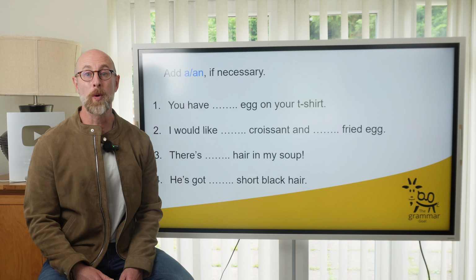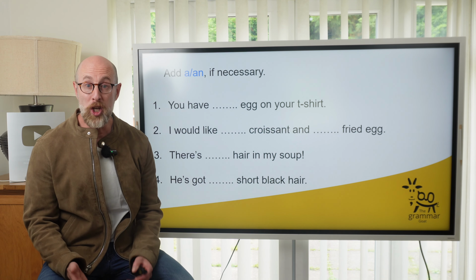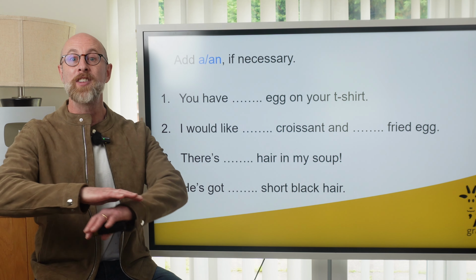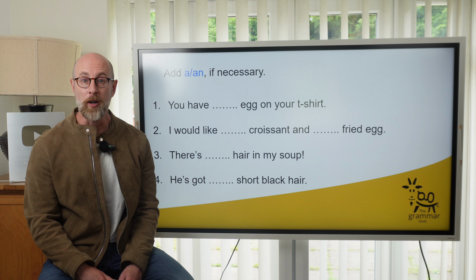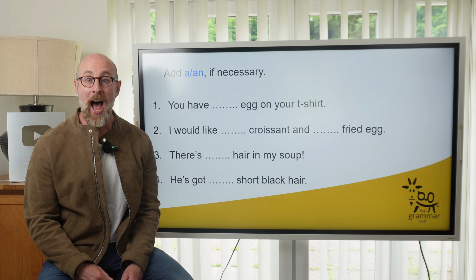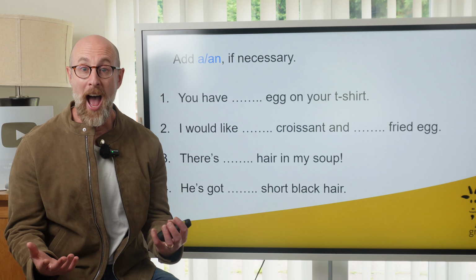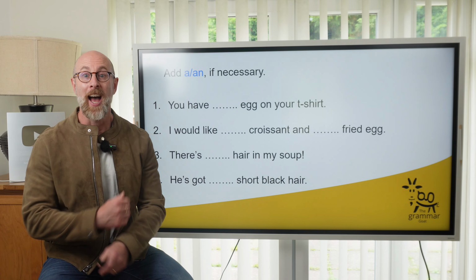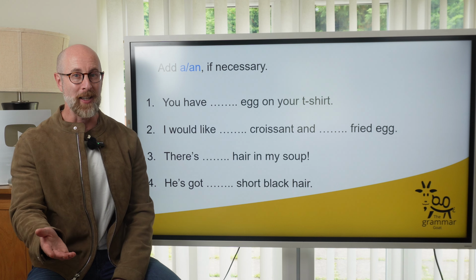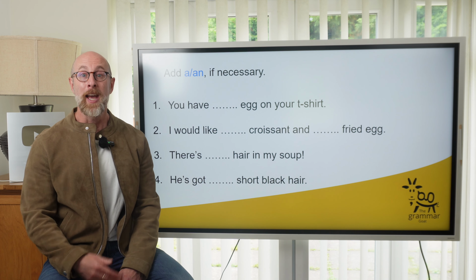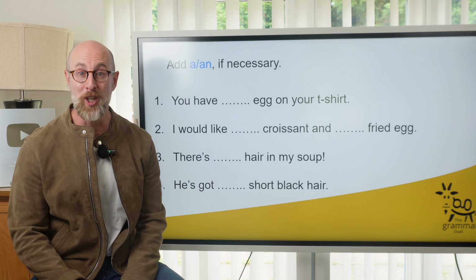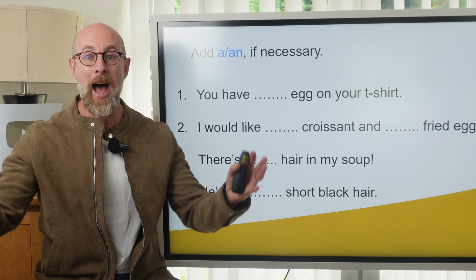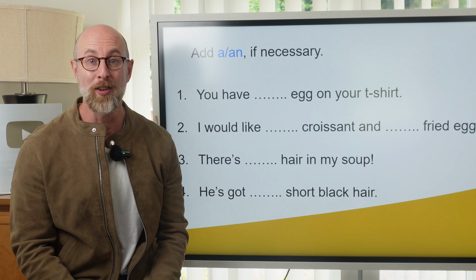So, some nouns we can think of in English as units, things that we can count, or as masses. Have a look at these sentences. Add a or an if necessary. Some of them don't need an article. What do you think? And again, it depends on if you're thinking of the noun as a unit, something you can count, or as a mass, something that you can't count.